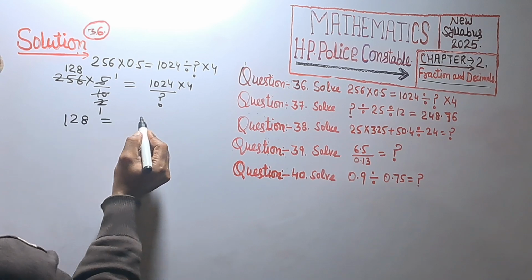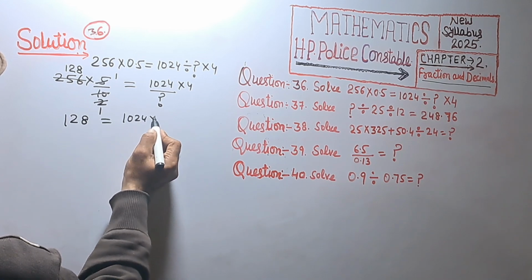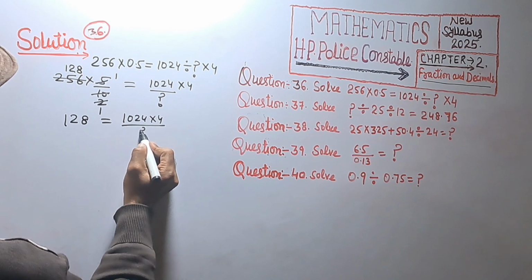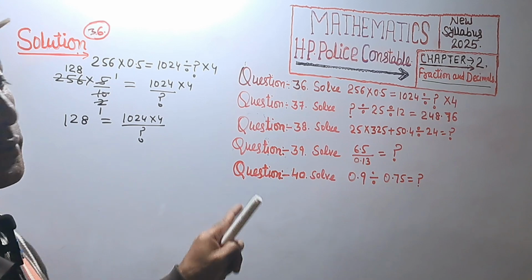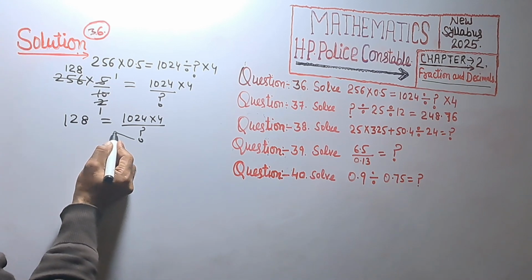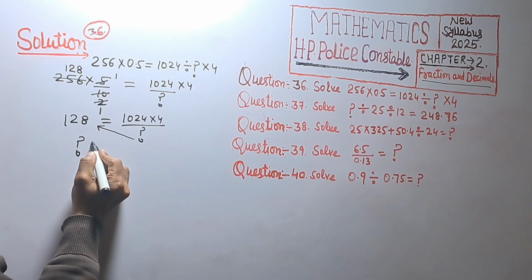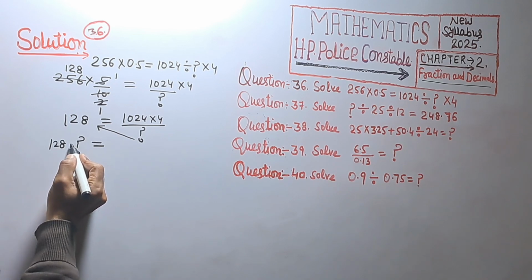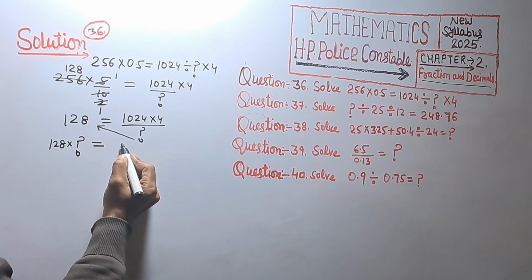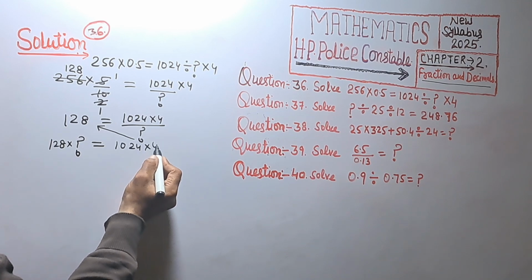So left side is 128 equal to 1024 into 4 divided by sign of interrogation. And we find the value of sign of interrogation. So sign of interrogation multiplied by left side, sign of interrogation equal to 128 into sign of interrogation equal to 1024 into 4.